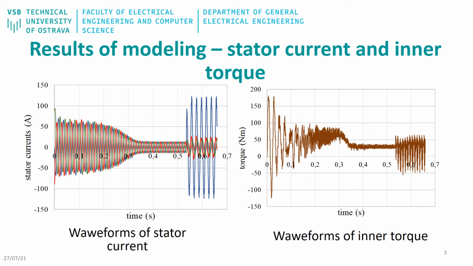Regarding torque, we can see high oscillation in value, and the RMS value of torque is 10 Nm. In reality, this situation would lead to reaction of the protection equipment in the affected phase, which would lead to single-phase motor operation, or reaction of the protection equipment for all phases and stopping of the motor.